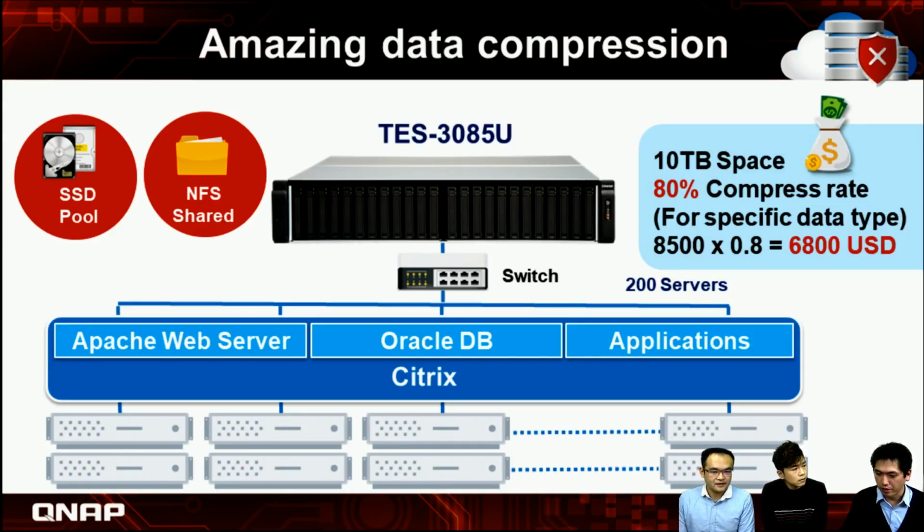So for example, if we were using 10 terabytes of space, and the customer has 80% of data compressed, it would mean the customer can save a lot of money. As I can see, that is 80% saving, right? Yes, 80% saving.